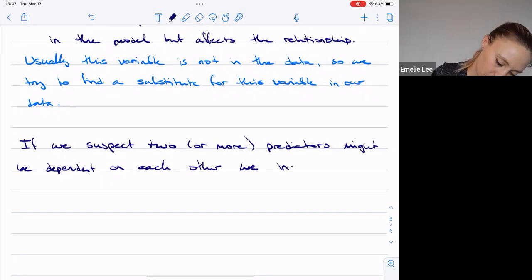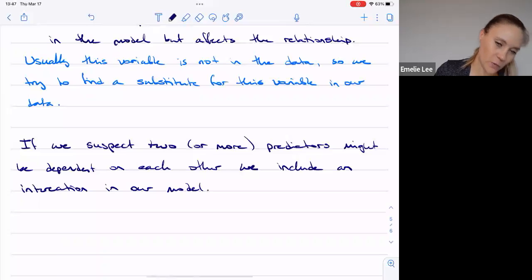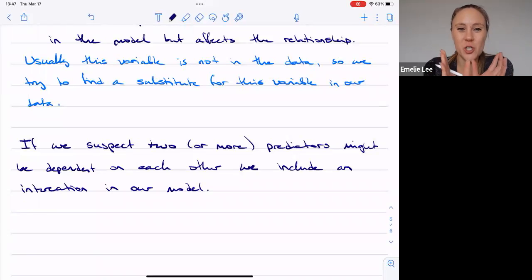We can include an interaction in our model. What's interesting is it is actually multiplying the two predictors together.